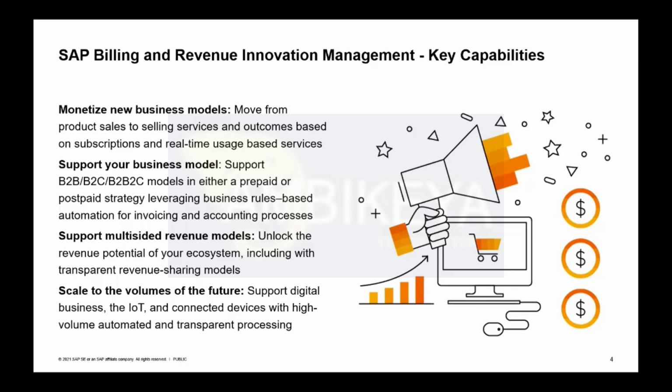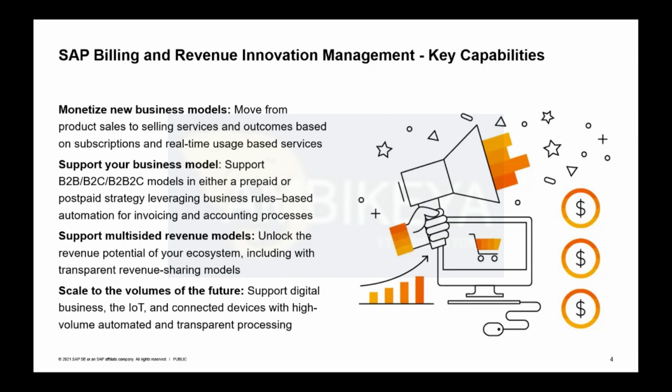BRIM is able to support the complexity of B2B processes, and BRIM is also possible to handle the high volume of B2C processes. Often in a lot of industries, B2C has more volume and B2B has more complexity. But here we are able to handle the whole chain from B2B to B2C models.